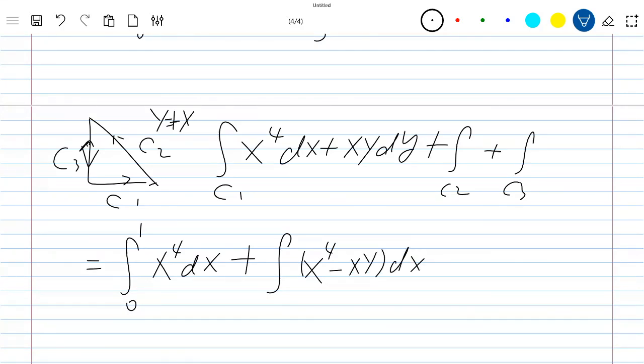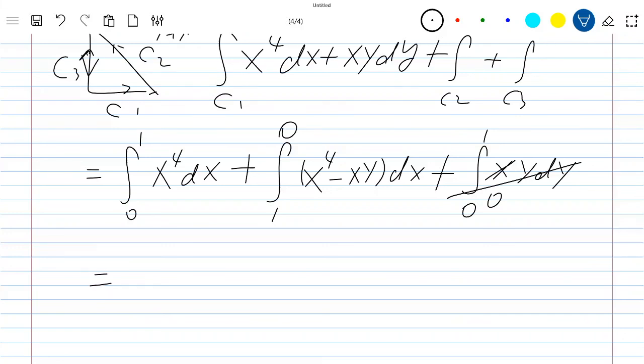Right, like that. And x goes from 1 to 0. The last part, along C3, dx equals 0. So you only have dy. And then y goes from 1 to 0. But actually this term is gone because along C3 x equals 0, so that's 0. So everything is 0.